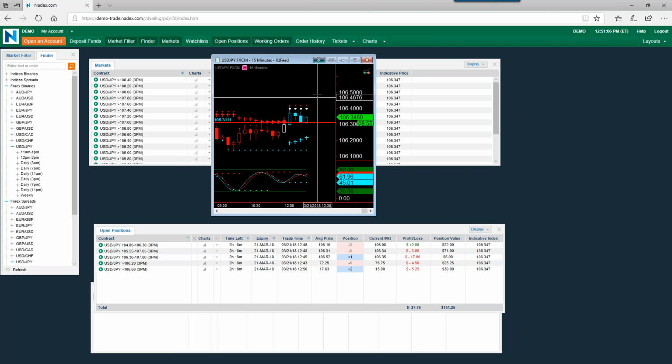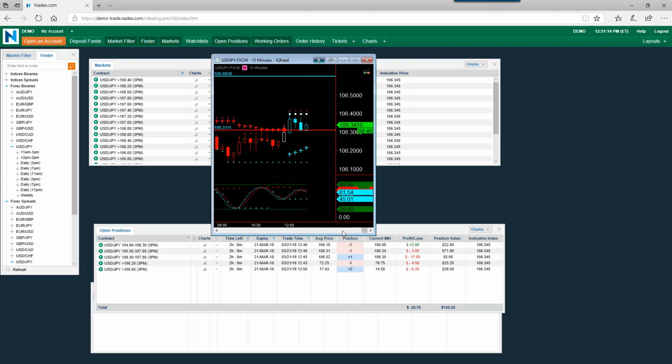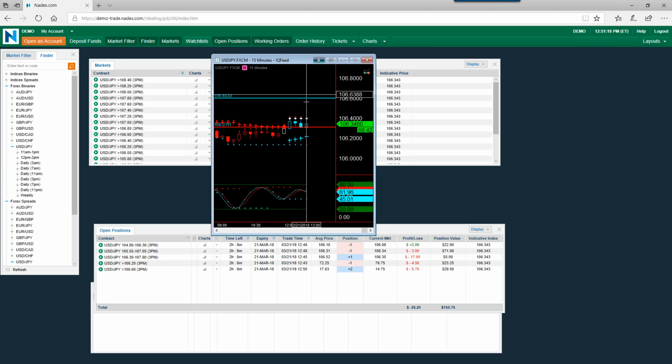Now I'm going to do a blue line at 60, okay? Now, if it is above 60 at expiration, which is above this blue line, then I have the potential, if it expires above 106.60, I have the potential of making about $85, okay?